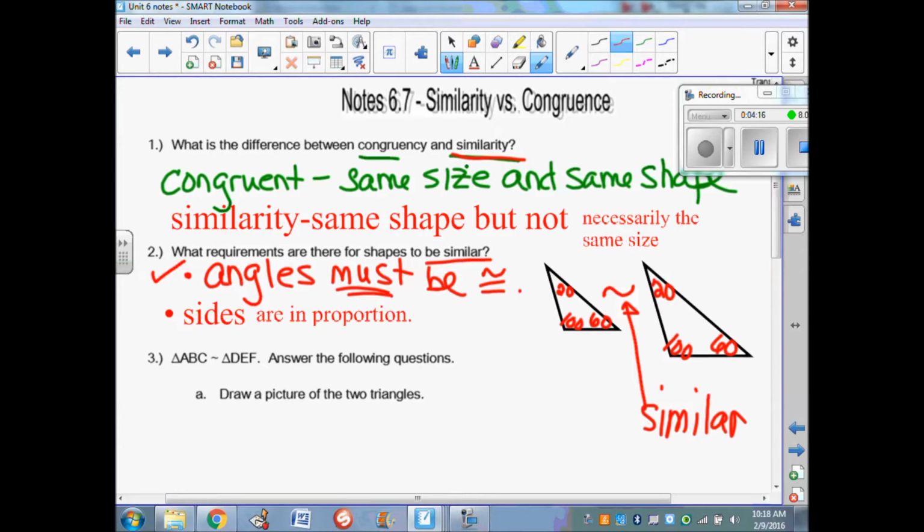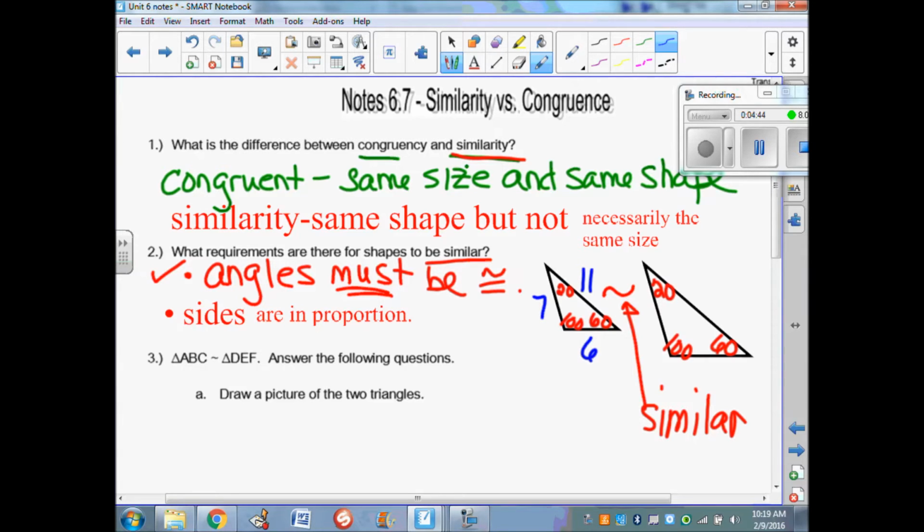But now, the sides are in proportion. So what does that mean? So what if I said that my sides were, what do I want to go with? Let's go with 6, 7, and 11 on that triangle.